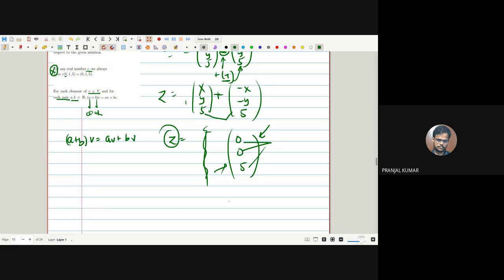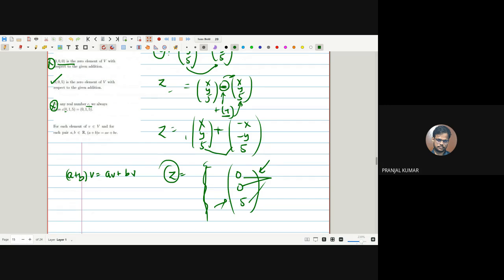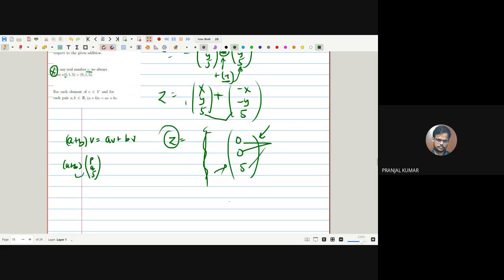So what you need to do is just pick any general element from this set V. So let's take (p, q, 5). And you have a plus b as some scalars. So I will distribute it: a times (p, q, 5) plus b times (p, q, 5).